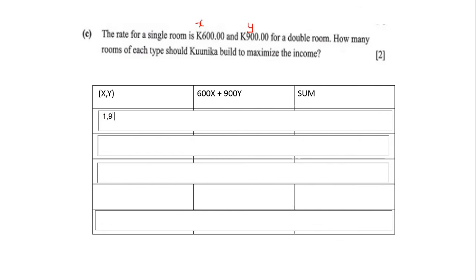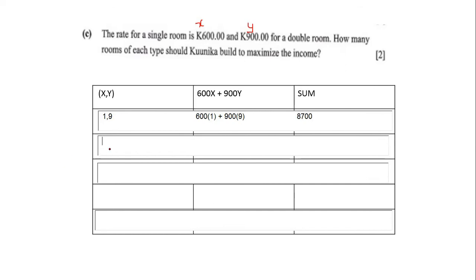Then the next thing you are going to do is multiply 600 by 1, plus 900 multiplied by 9. This will definitely give you a sum of 8,700. Then you go to the next.